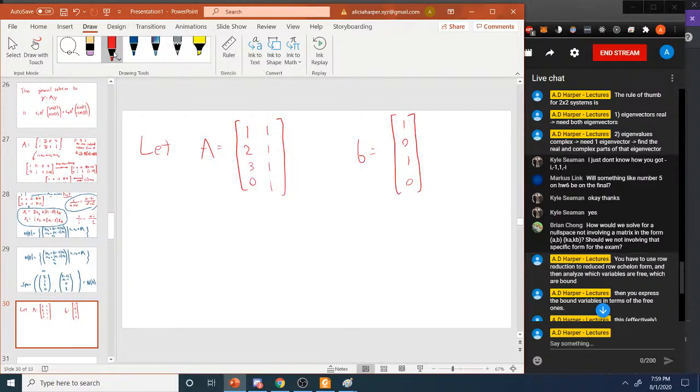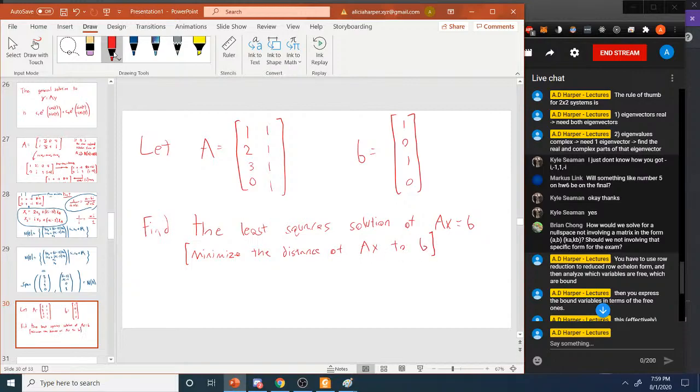And so here is the problem as stated. Find the least squares solution of AX equals B. And this basically means minimize the distance of AX to B. So here's how we do this.